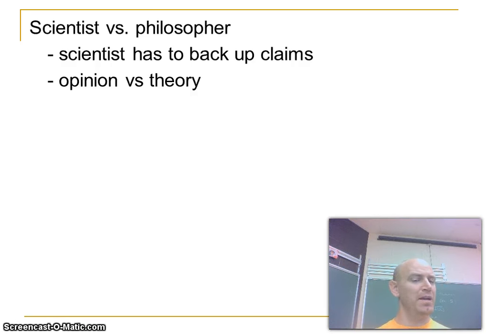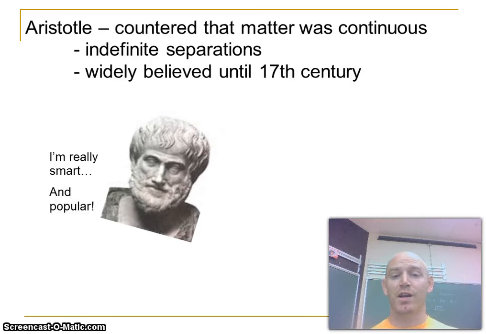It's sort of like opinion versus theory. It's saying what you think versus here is what the evidence points towards. Anyone can have an opinion, but it takes a lot of agreeing evidence to form a theory. And sometimes when you're just going on opinions, it can become a popularity contest.